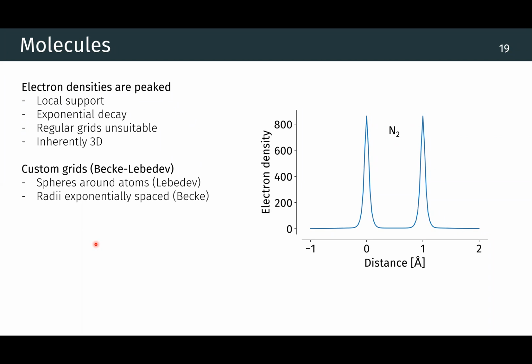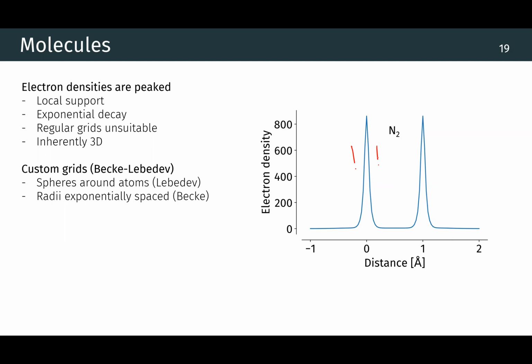They are inherently 3D, and they are unsuited for regular grids. You can easily see that because if I have a regular grid that gives me one data point here, and one data point here, I've missed that peak completely. So that's not really helpful.